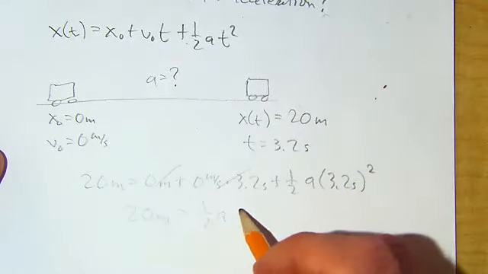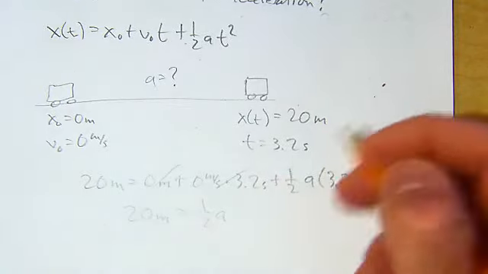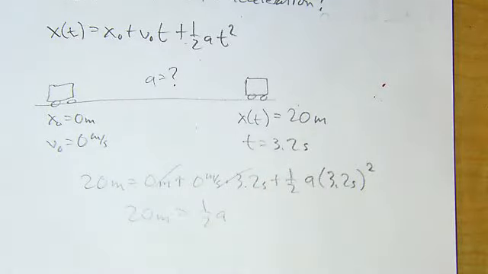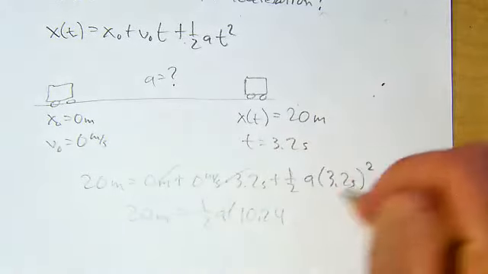a times 3.2 squared. 3.2 times 3.2 is 10.24 seconds squared.